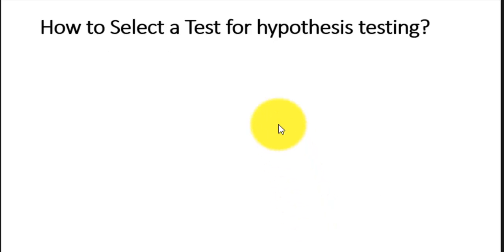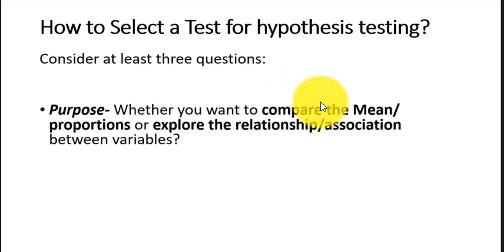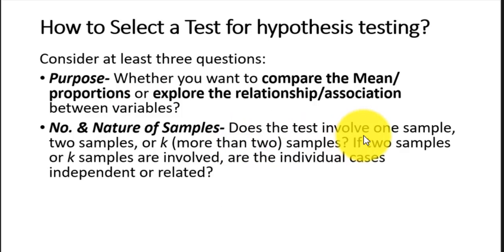The question is how to select the appropriate test as per your requirement. You must answer at least 3 questions. Number 1, whether you want to compare the mean or proportions or you want to explore the relationship between the variables. Second, does the test involve one sample, two samples, or more than two samples?